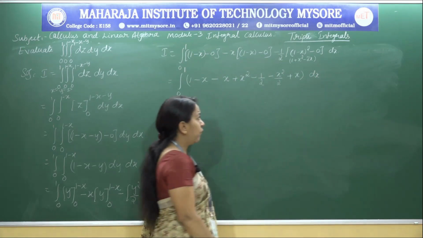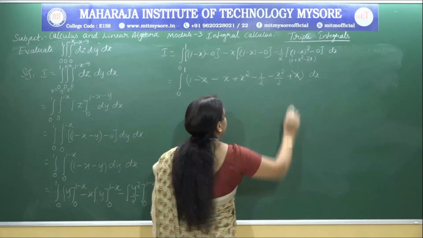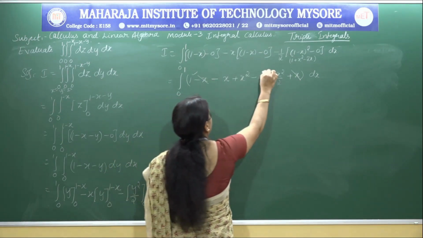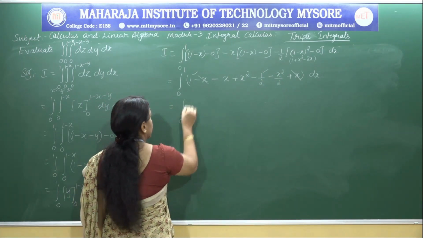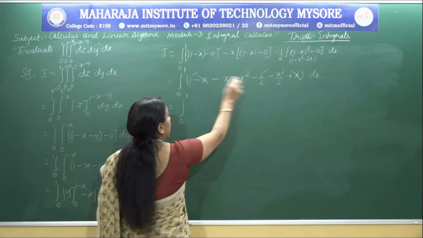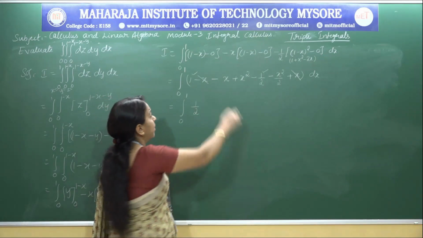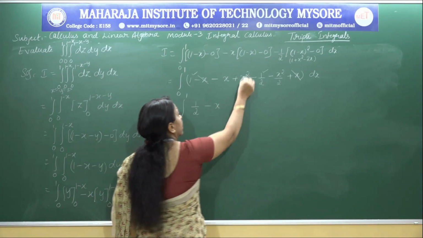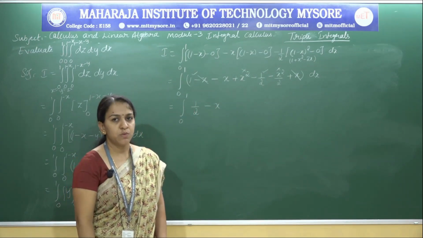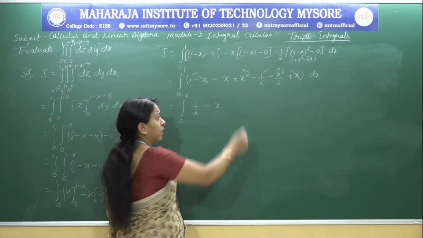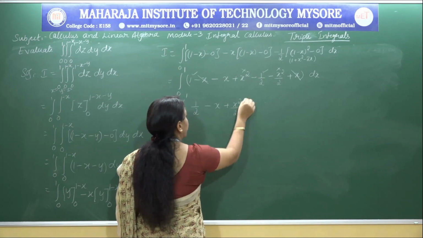Now simplify before integrating. I can cancel minus x plus x here, and I can subtract these two values, that is 1 minus 1 by 2, integral 0 to 1, 1 minus 1 by 2 is 1 by 2, minus x, and I can simplify these two terms: we have 1 times x square and minus 1 by 2 times x square, which is 1 minus 1 by 2, so plus x square by 2, dx.